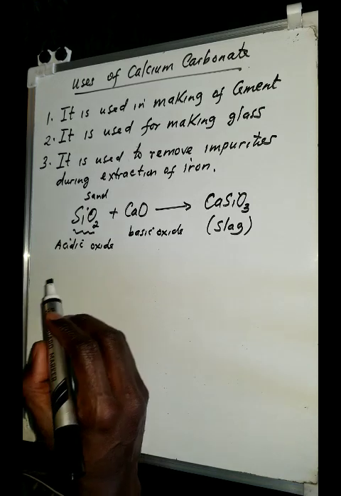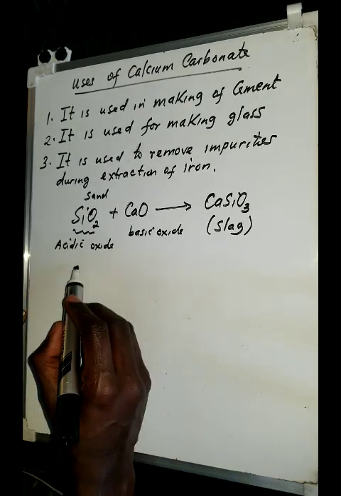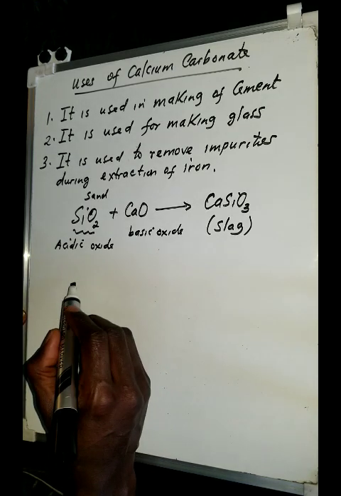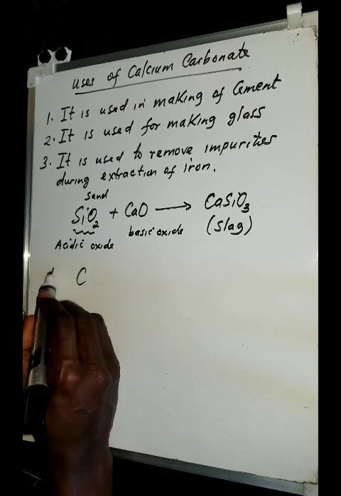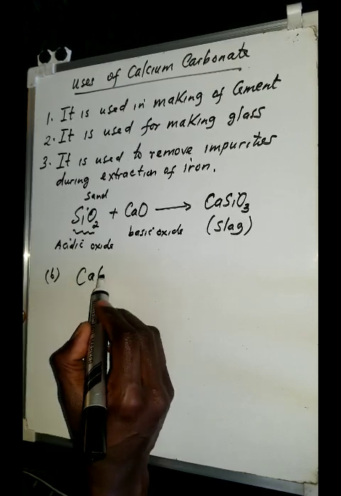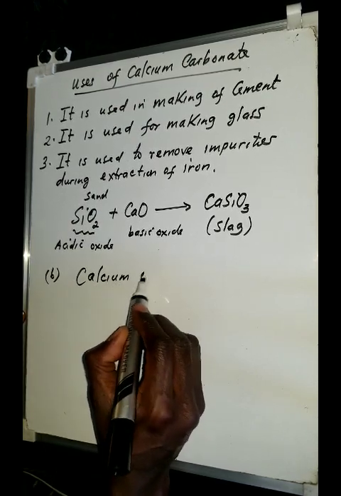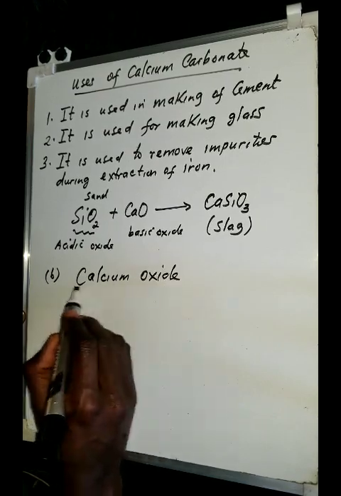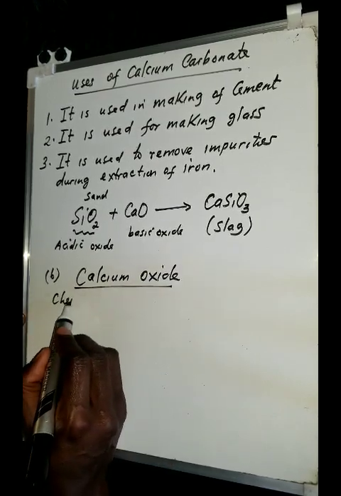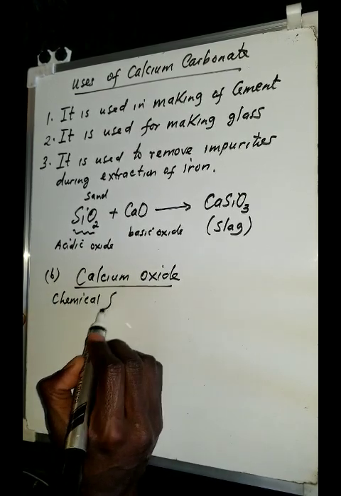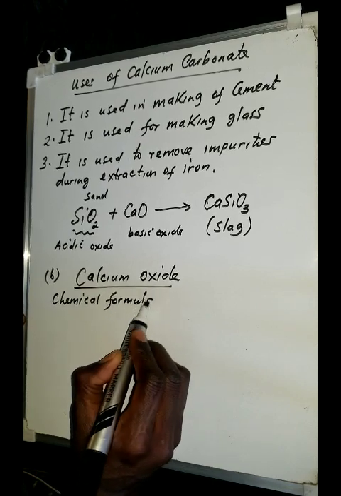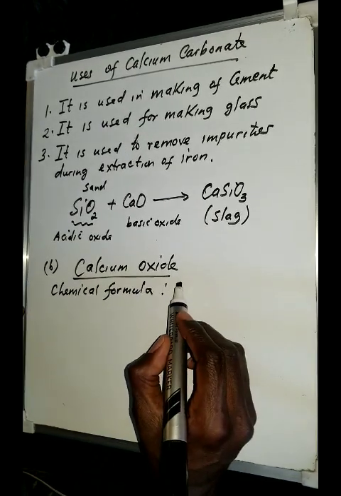Let's move on to another compound, and I'm going to specifically talk about calcium oxide. What is the chemical formula for calcium oxide? In our previous formula, we actually did highlight that.